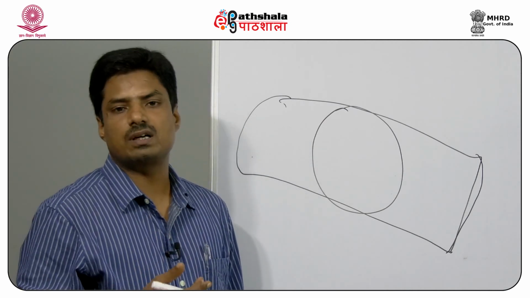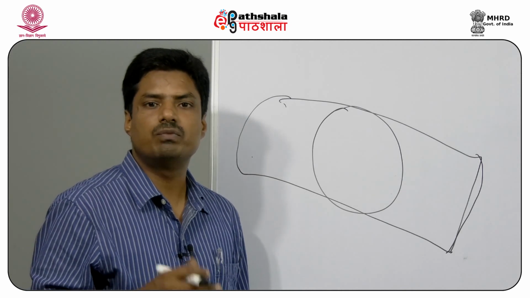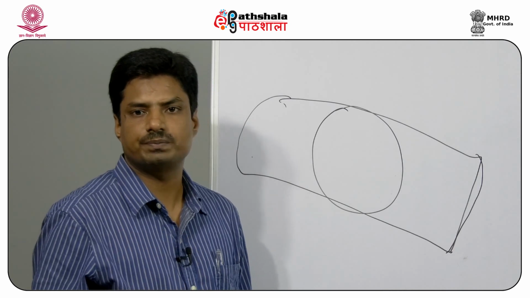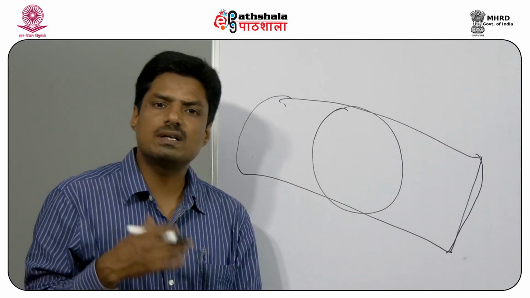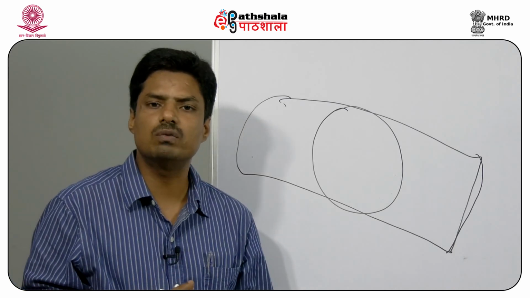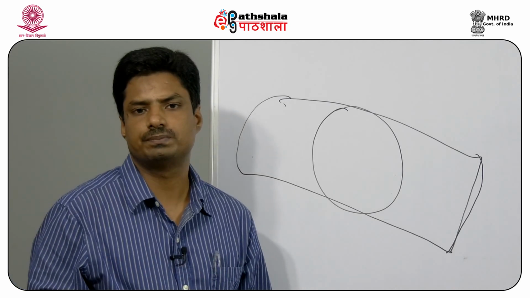On the basis of this transverse Mercator's projection, we developed the universal transverse Mercator's projection. In universal transverse Mercator's projection, dear student, we divide the whole world into 60 zones.